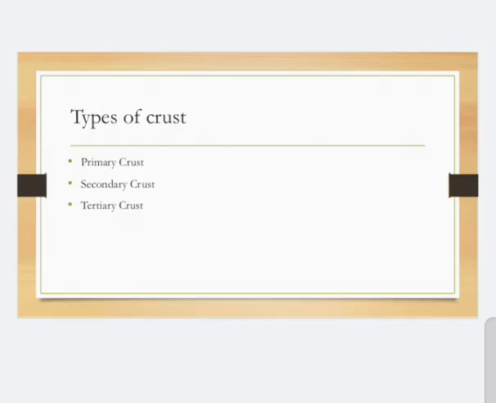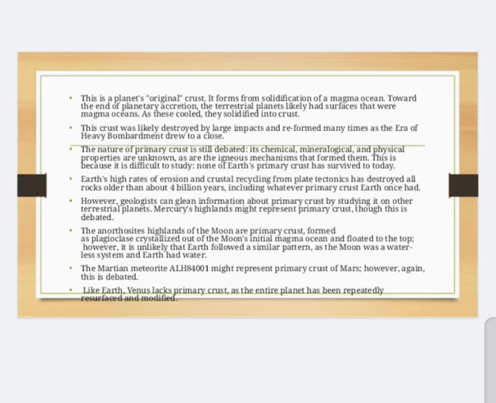Next, the types of crust. There are three types: the primary crust, the secondary crust and the tertiary crust. First, the primary crust is the planet's original crust. It is formed from solidification of the magma ocean.